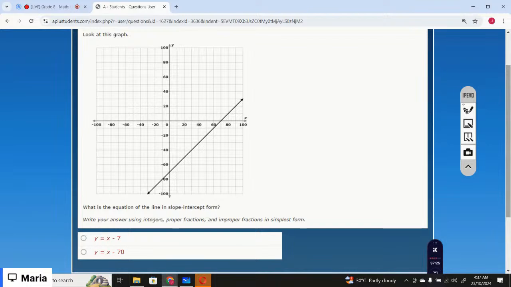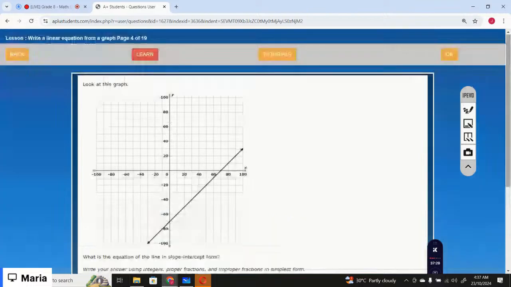So the correct option is y equals x minus 70. Option number 2 is the correct option.